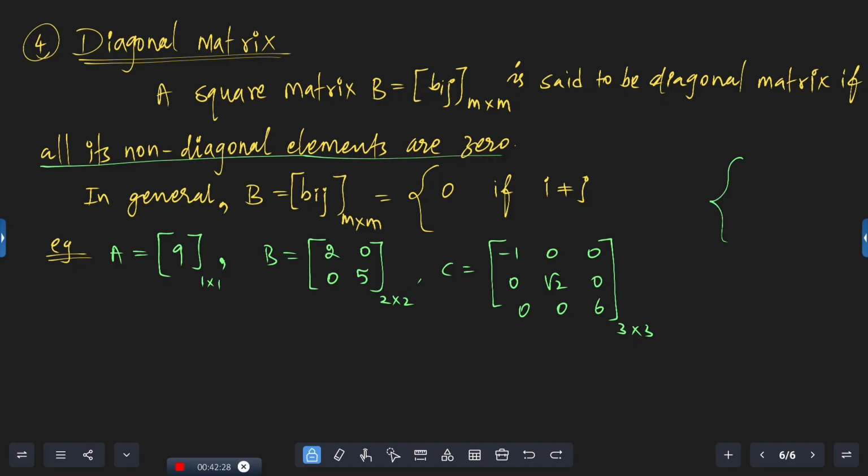This is the way to represent it. Children, so this is the diagonal matrix. In a diagonal matrix, the diagonal elements need not equal 0, and all others will be equal to 0. Have you understood?